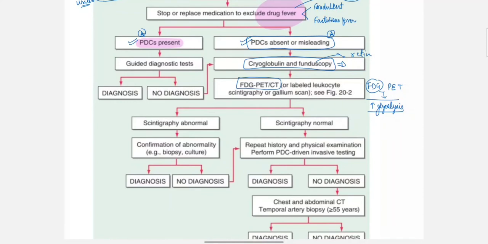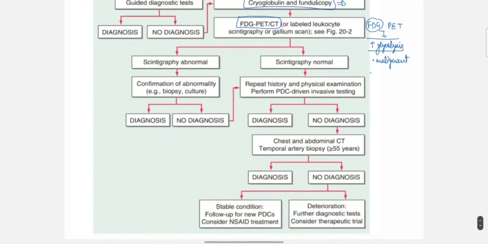Increased glycolysis also occurs in malignant cells and in chronic inflammatory processes, acute or chronic inflammation. So there will be increased uptake and we can find the location of the disease. From the location where the scintigraphy is abnormal, we can do the diagnostic testing.